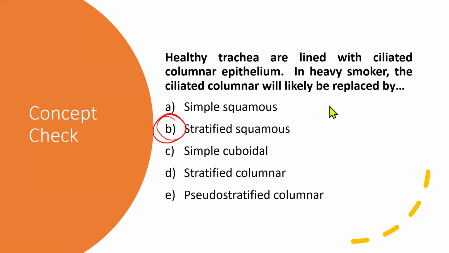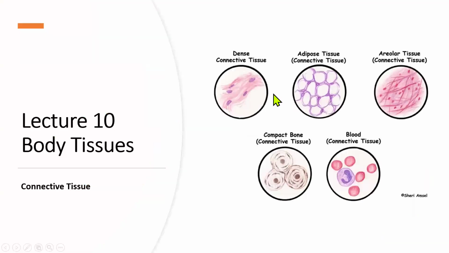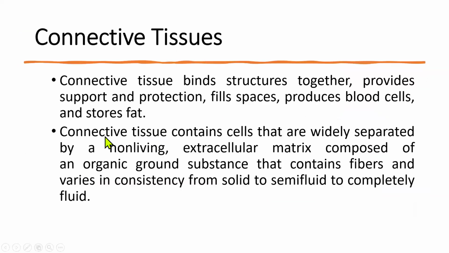All right. So that's it for the first type of tissue. Now we have another kind of tissue, which is connective tissue. Okay? There are 7 kinds of connective tissues, which let's go through first and then I'll try to summarize it for you. What are connective tissues? Well, as the name implies, connective tissue connects things together.